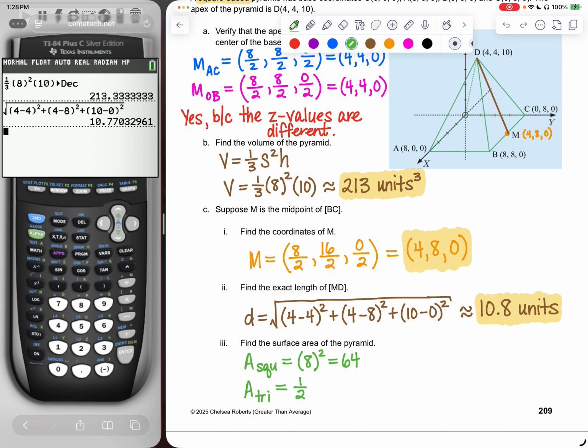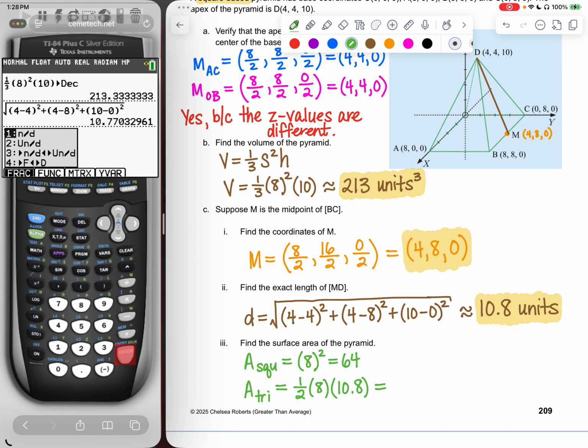So that is going to be 1/2 times 8 times the height of that triangle. The height of that triangle is the 10.8 units. So if we substitute that in, we're going to have 1/2 times 8 times 10.8, and that will give us 43.2.